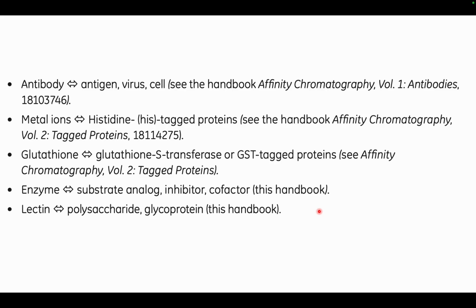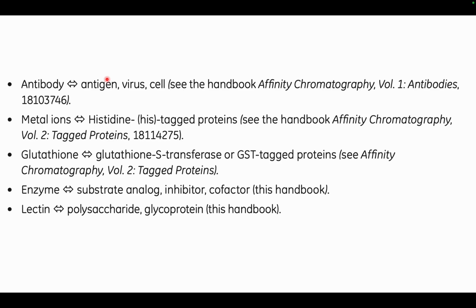Some interactions that we commonly make use of in affinity chromatography can be natural affinities that exist already, which is called bioaffinity chromatography. So things like antibodies and antigens. We already know that these two will bind to each other. If an antibody is produced against an antigen, it will bind to it.